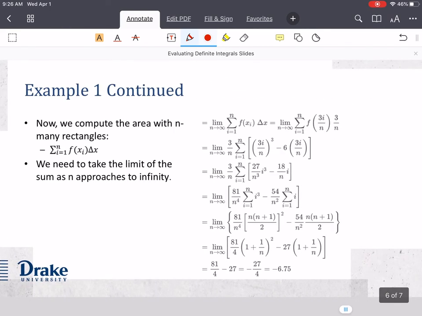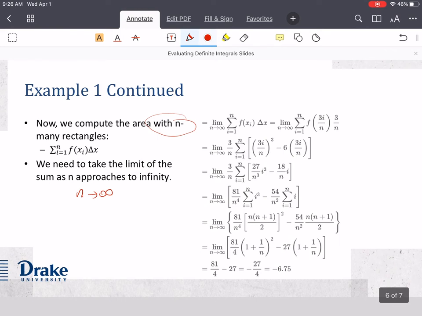So what I'm going to do now is compute the area with n many rectangles. In other words, I'm going to let n go to infinity because I want a better approximate for the area under the curve. Because n equals 40, n equals 6, the examples I did previously, doesn't give me the best results.